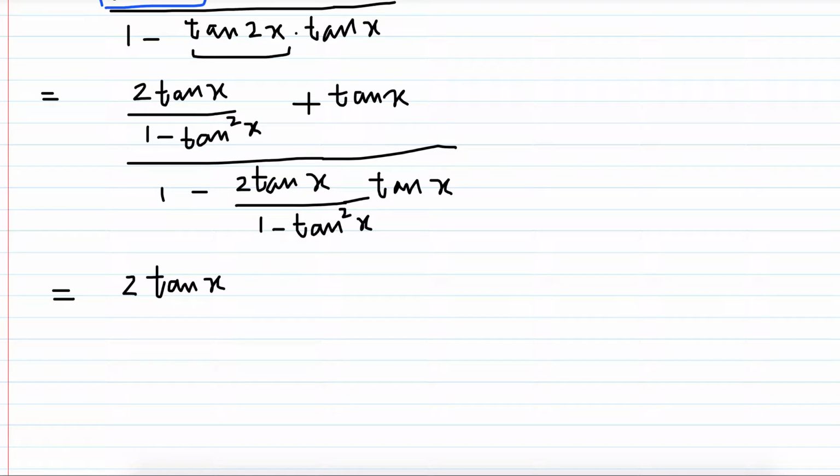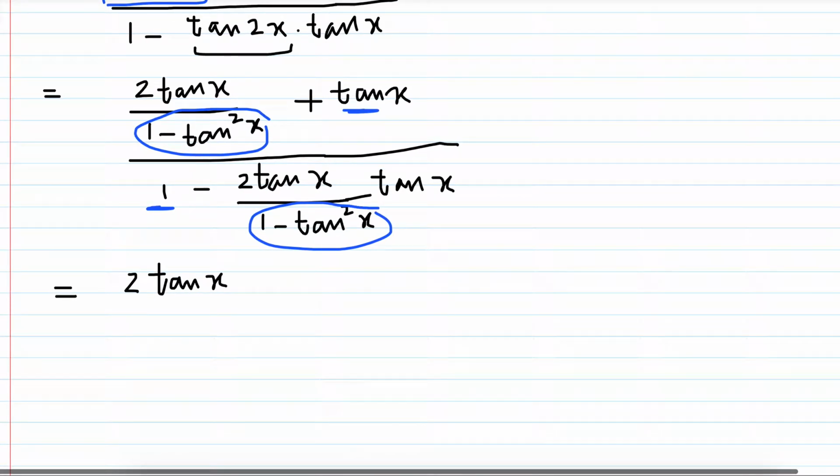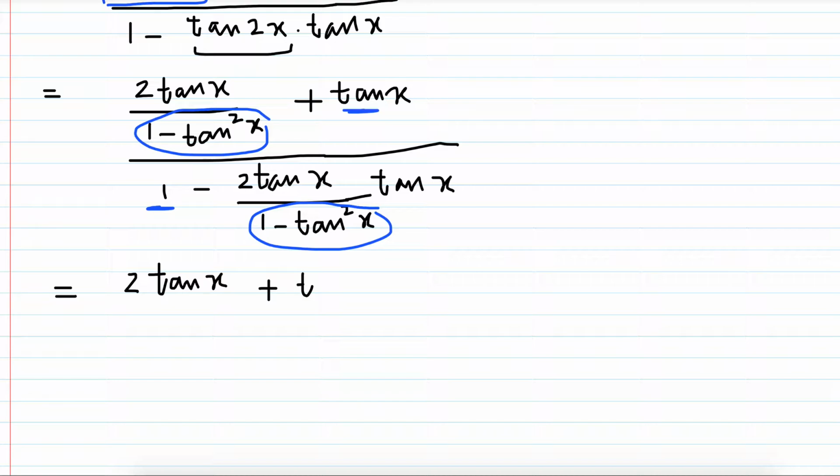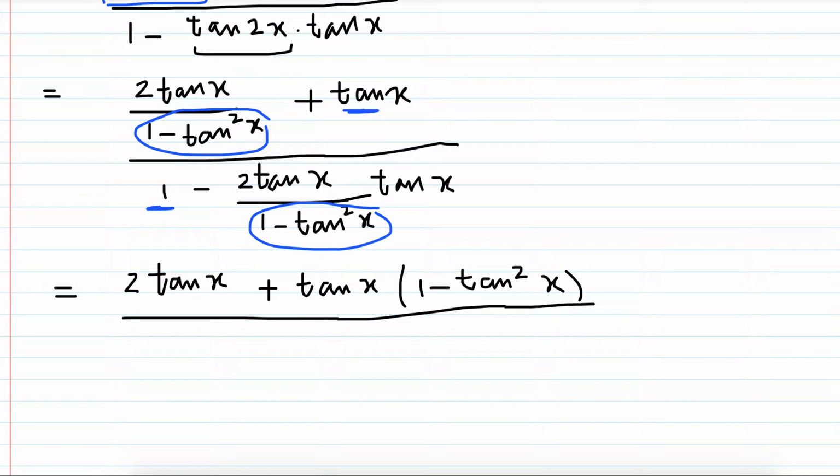So we can multiply everything by 1 minus tan square x, because this term is both in numerator and denominator, so we can get rid of these. So 1 here will be multiplied by this and tan x will be multiplied by this. So 2 tan x plus tan x multiplied by 1 minus tan square x, divided by 1 minus tan square x, minus tan x times tan x. This also becomes tan square x.